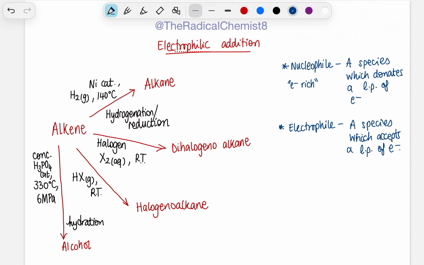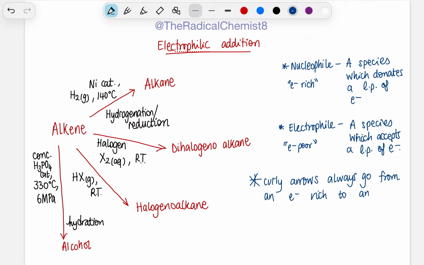So normally this is your electron poor species. So normally whenever we've got a mechanism in organic chemistry, your curly arrows always go, so this is the main rule, curly arrows always go from an electron rich to an electron poor area.